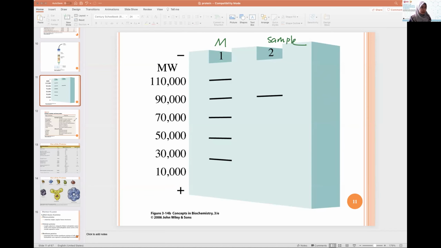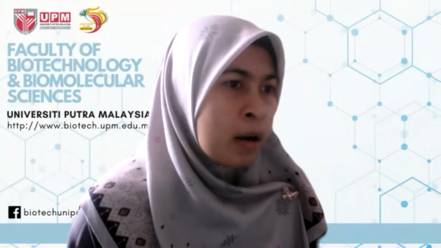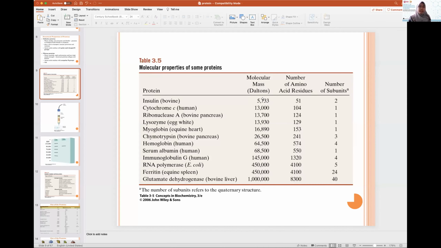Now if we go back to the slide about the protein molecular mass, you can see that glutamate dehydrogenase will be at the top of the SDS-PAGE gel, because it is the biggest size.